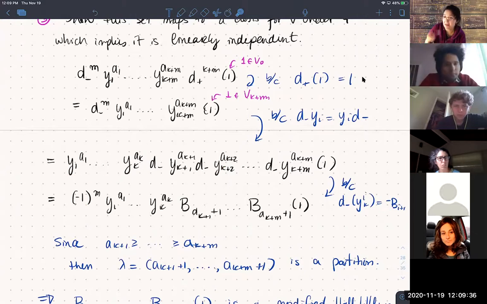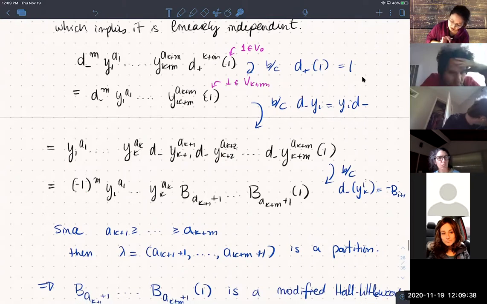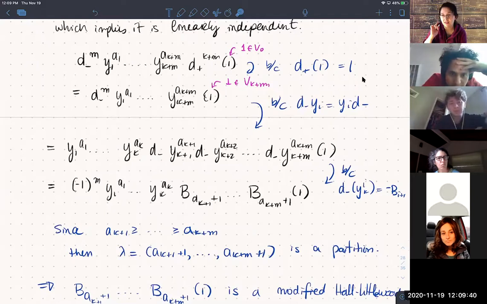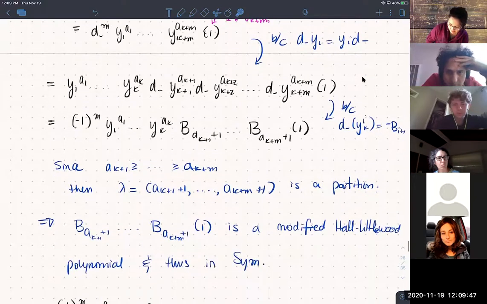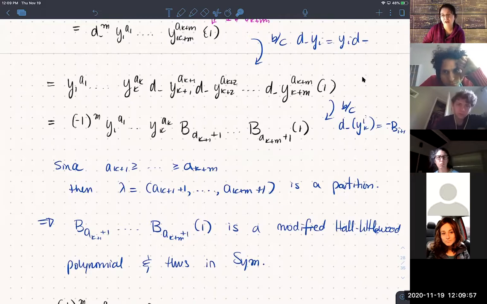And the first y's stay the same. And this is where that condition that these letters were a partition matters, because this object, if we just ignore the y's for a second, this composition of stuff is a symmetric function, because they are literally generators for Hall-Littlewoods or modified Hall-Littlewoods.